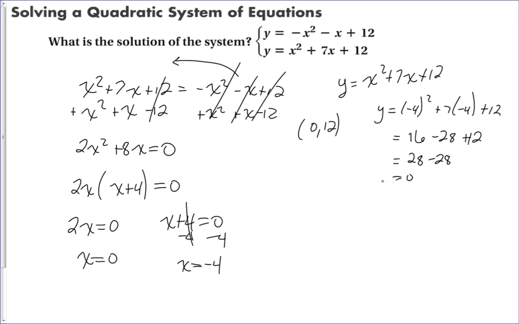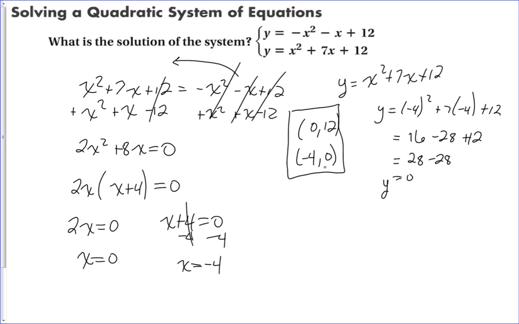So y equals 0. So at negative 4, y equals 0. So our two solution points for this quadratic system of equations are 0, 12, and negative 4, 0.